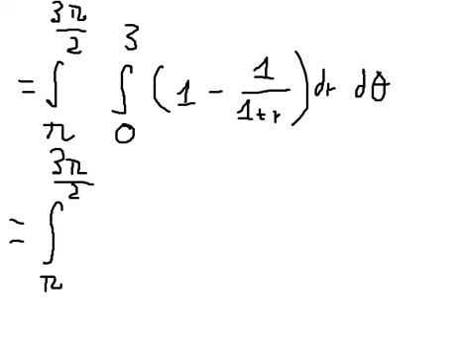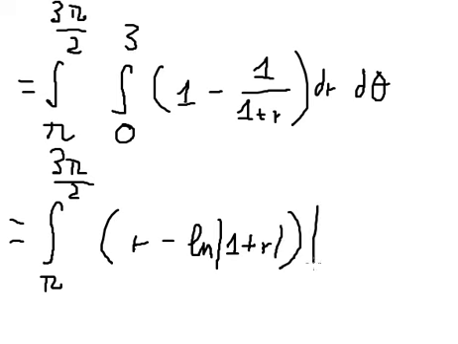The integration of number 1 is r. This one, we have Ln of the absolute value of 1 plus r. And we put the bounds from 0 to number 3. So I will put number 3 in here, number 0 in here.